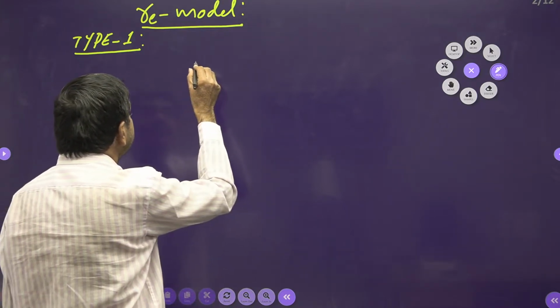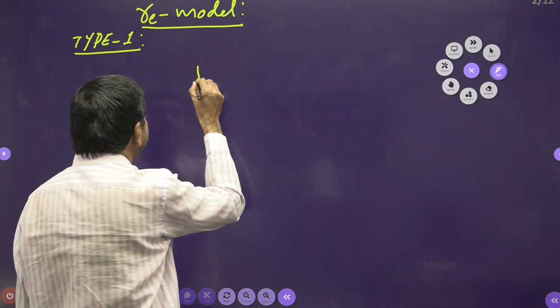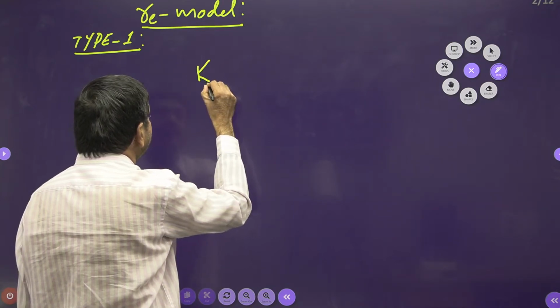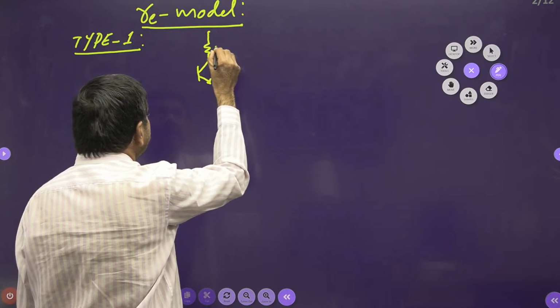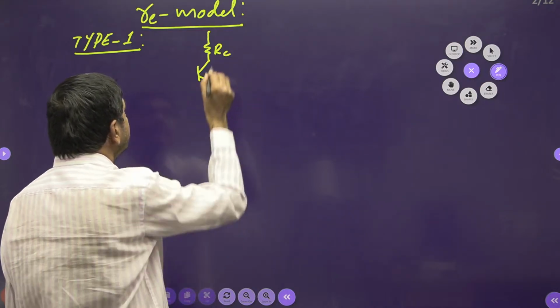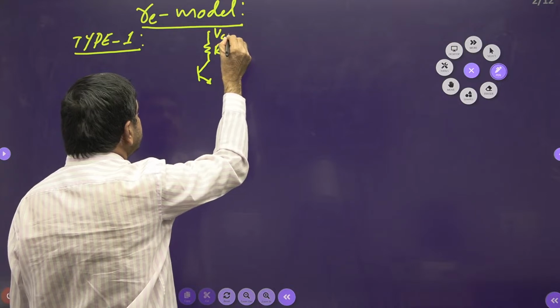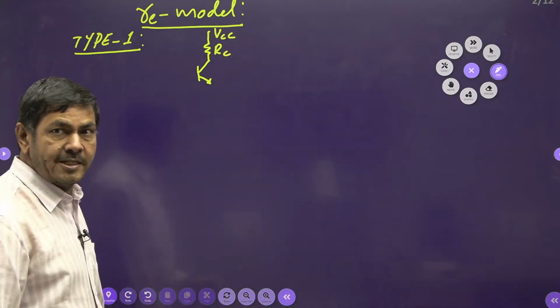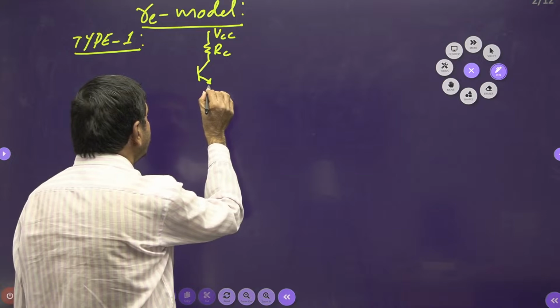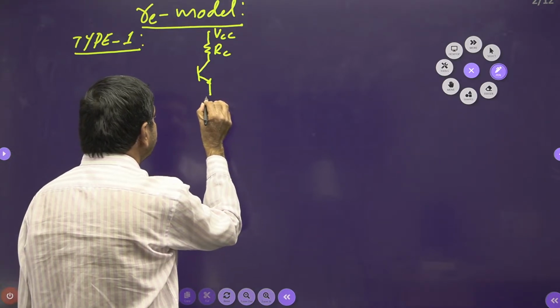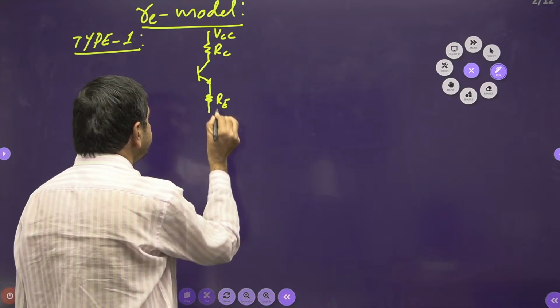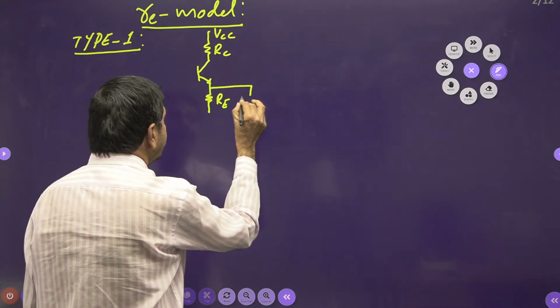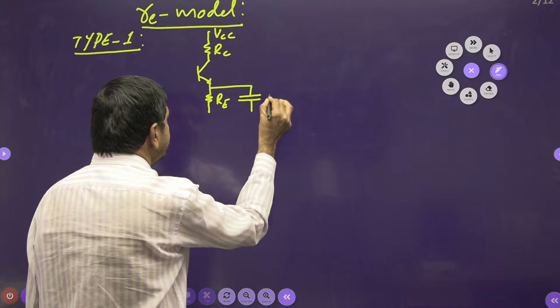Type 1 means the network will be given in this way. There is a transistor connected with RC, and connected with VCC, a DC supply. Here it is connected with emitter resistance RE and also capacitor CE.